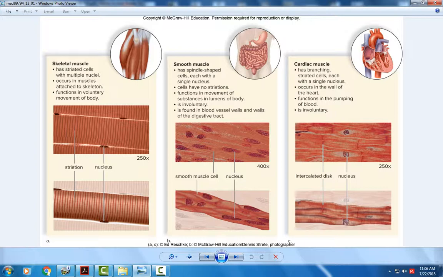So the key things to keep these three different types of muscle cells straight: remember that smooth and cardiac are involuntary. Skeletal is the only one that is voluntary and attached to bones. Skeletal and cardiac are both striated, and smooth and cardiac have one nucleus per cell, where skeletal muscle has multiple nuclei per cell.